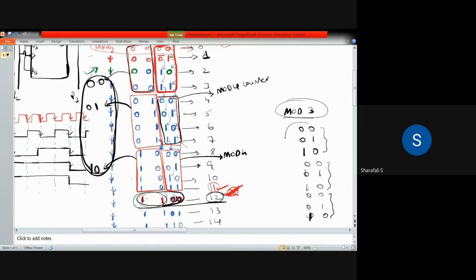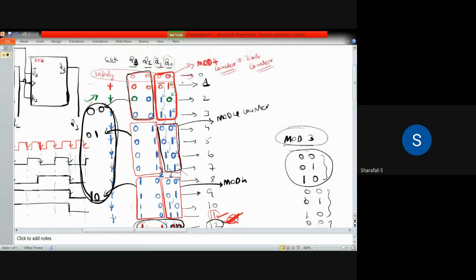So this is the output of the mode 3 counter, and this one is the output of the mode 4 counter, this box. From this, what we can see is 0, 0, 0, 1, 1, 0, 1, 1. Once it reaches this position 1, 1, at that time Q2 is getting toggled.